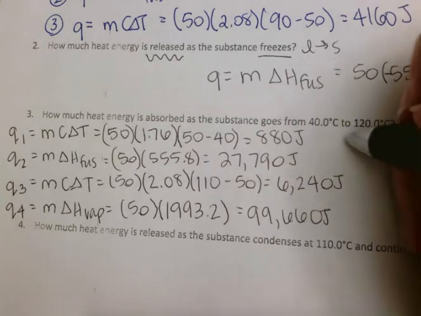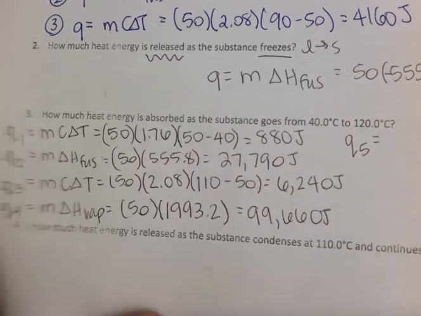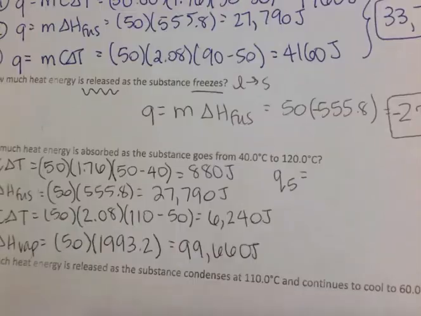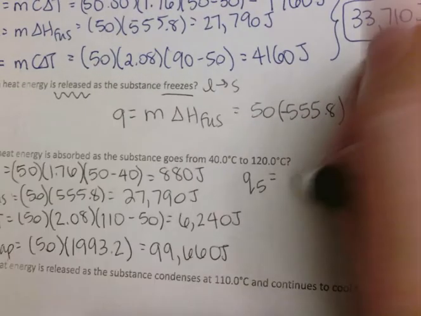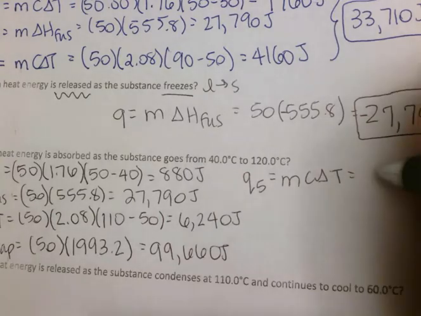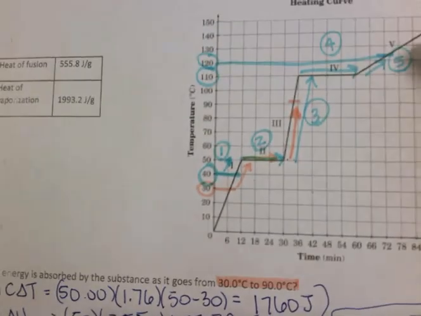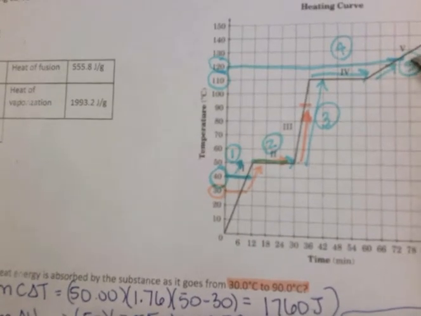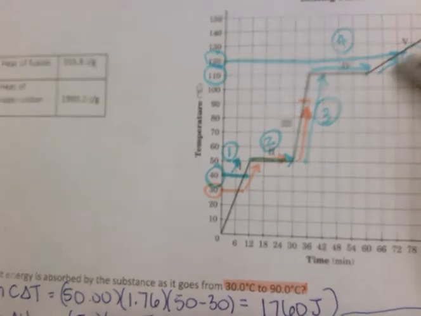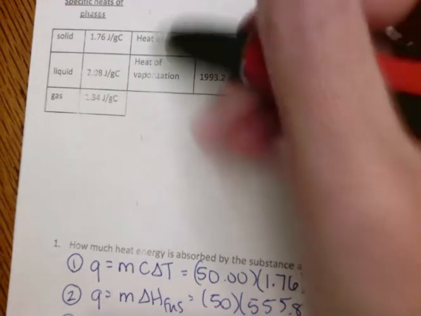Then my last Q is Q5. In Q5, I am then going to warm up the gas. So in warming the gas, I'm going to change its temperature. So that's Q equals MCΔT. M is 50. I know that I'm in the gas phase at 110. And I'm going to raise the temperature to 120. So that's just a 10-degree change right here. And the specific heat capacity of the gas is from my table.